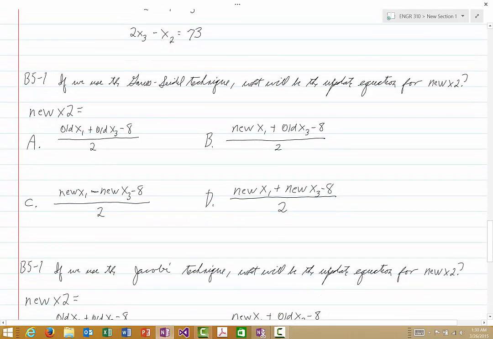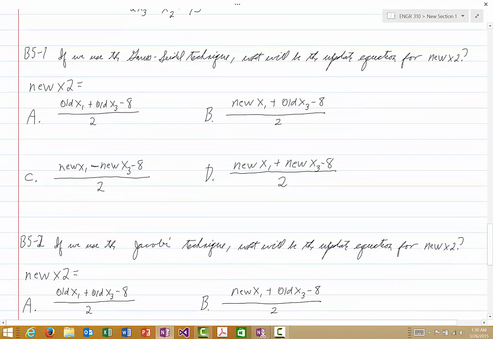And then the second question, this should be B5-2, is still dealing with the same system of equations, but now we want to use the Jacobi technique. And again, we're asking, in this case, what will be the update equation for new x2?